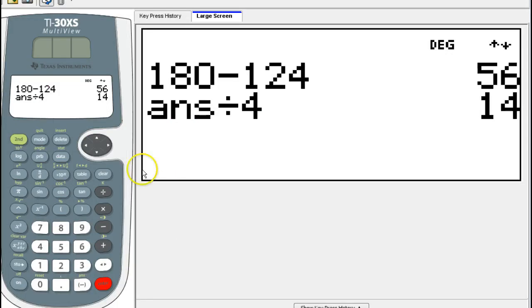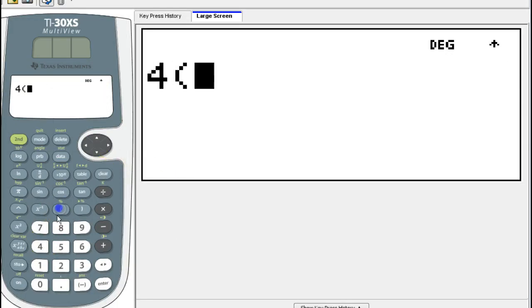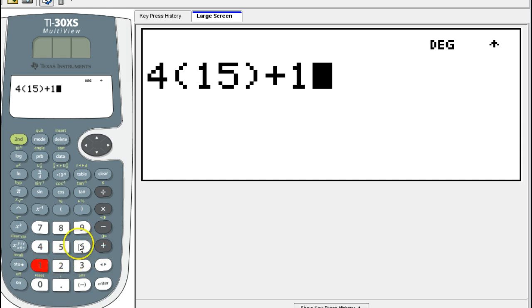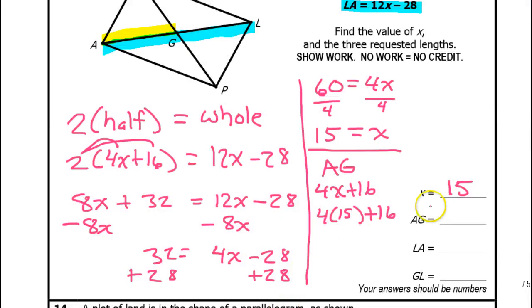Okay, I think I'm going to use my calculator. Help me out. So 4 times 15 plus 16. Well, that should be 60. Should be 76. So that's AG is 76.